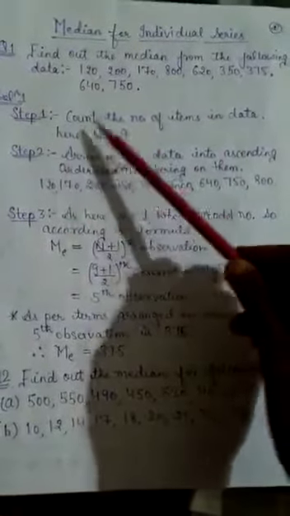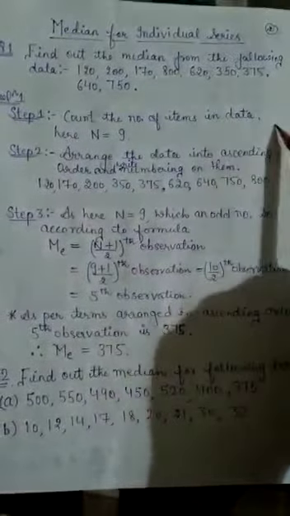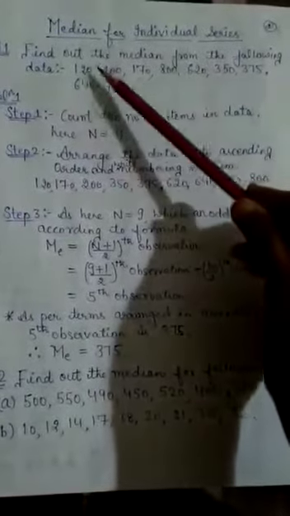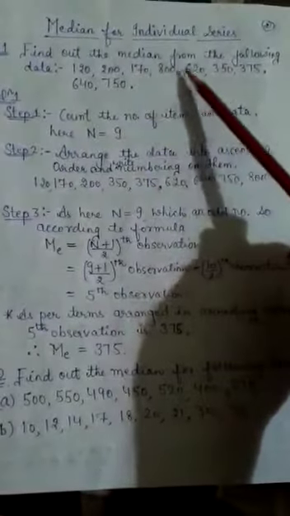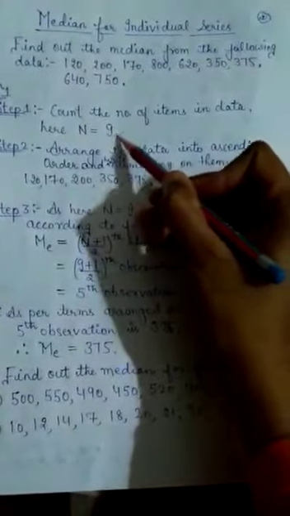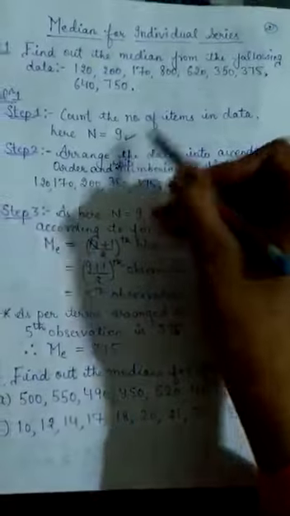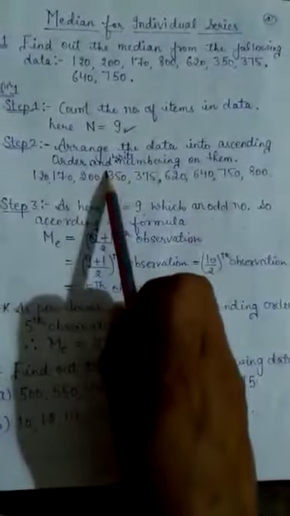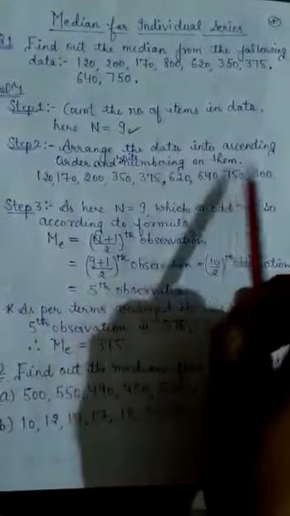First of all, count the number of items in the data. Let us count: 1, 2, 3, 4, 5, 6, 7, 8, 9. After counting we find that n is 9. Now we have to arrange the data in ascending order and number them.